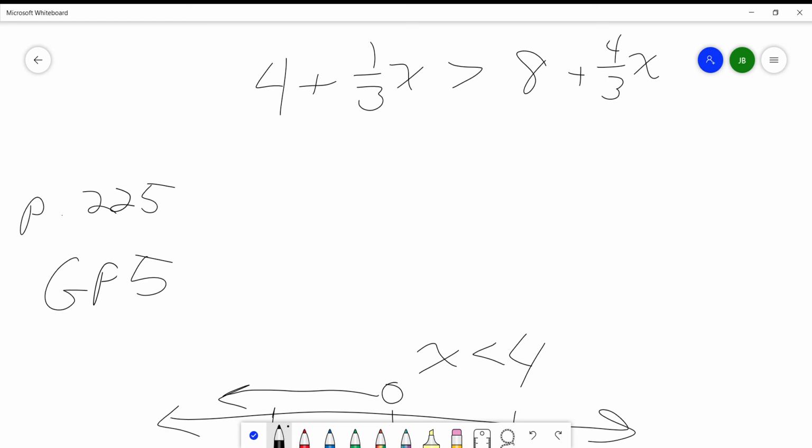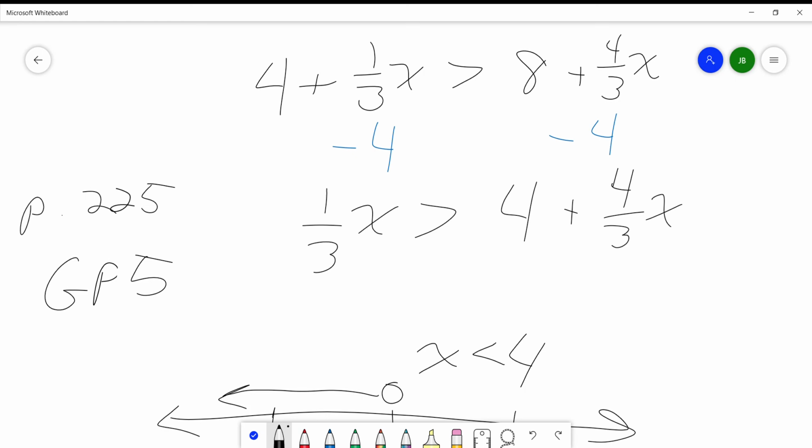I like putting the numbers on the right and the algebraic variables on the left. So let's do that. So let's subtract 4 from both sides. So we're going to end up with 1/3 of x is greater than 4 plus 4/3 x.